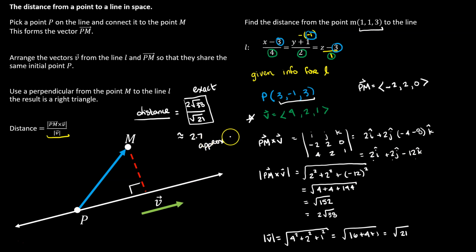Adding more digits after the decimal is still an approximation. It's just a more precise approximation. All right, so we found the distance from the point to the line. So from the point M to the line L, it's approximately 2.7 units away, but it's exactly 2 root 38 divided by root 21 units away.